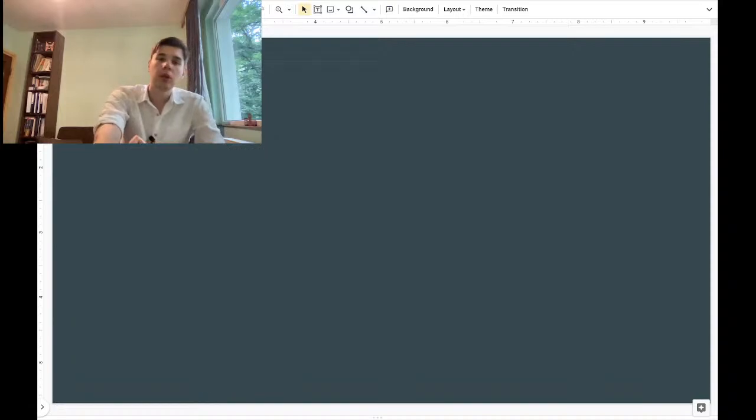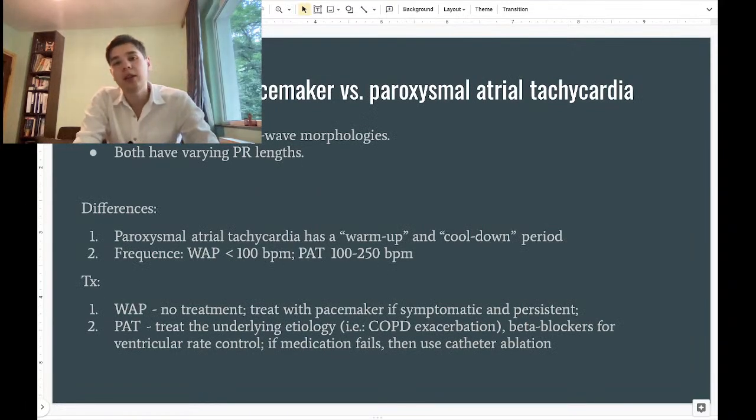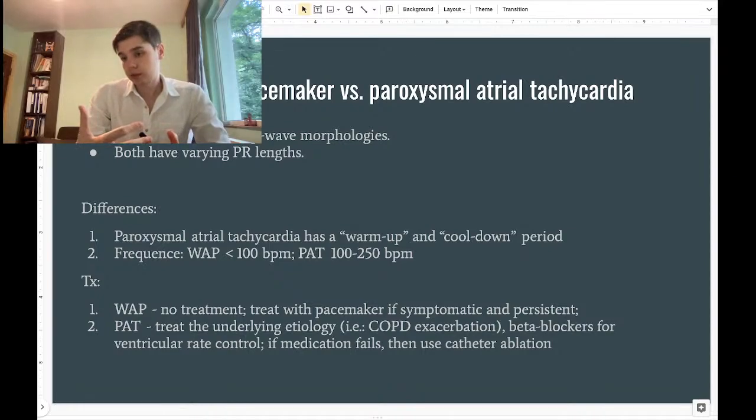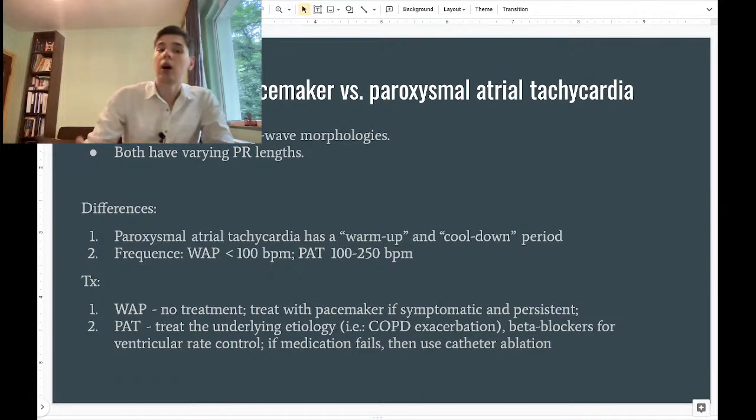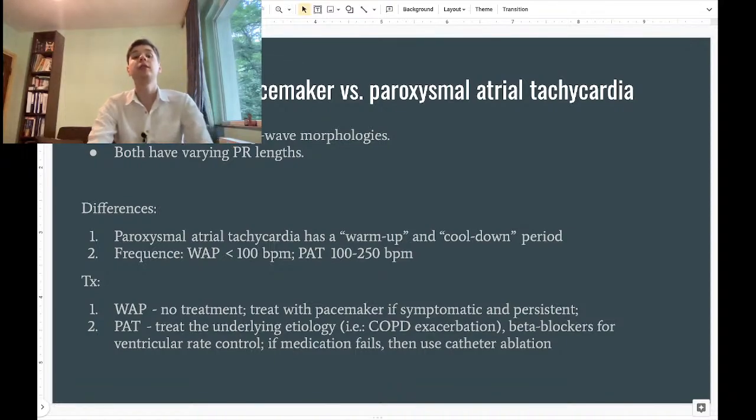Now, what are the common aspects for these two pathologies? What are the differences? Both have 3 different P-wave morphologies. Both have very varying PR lengths.